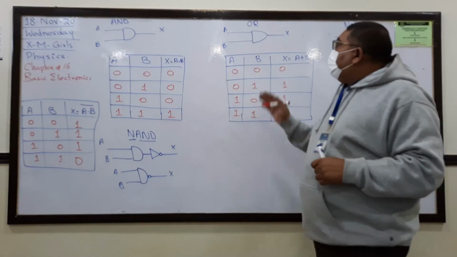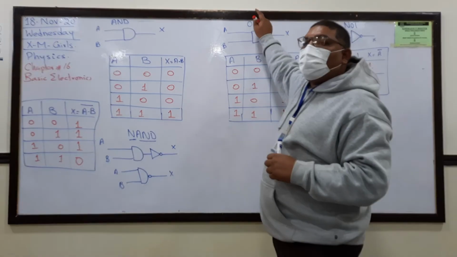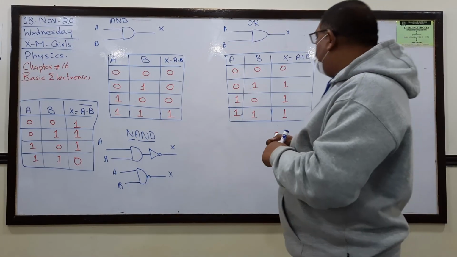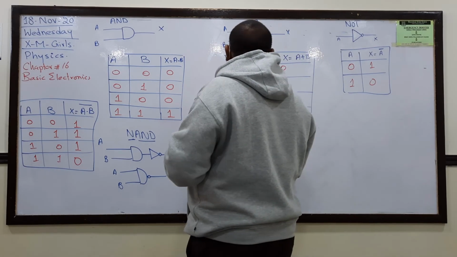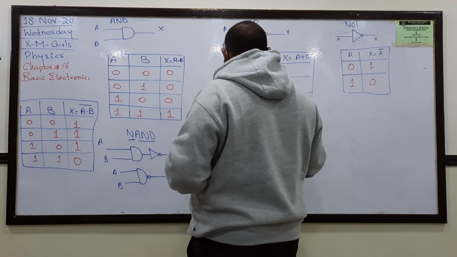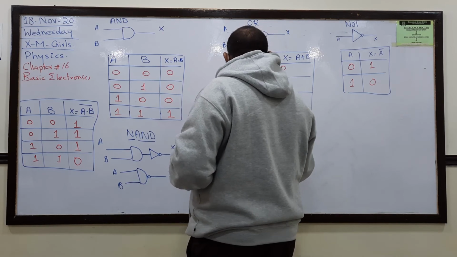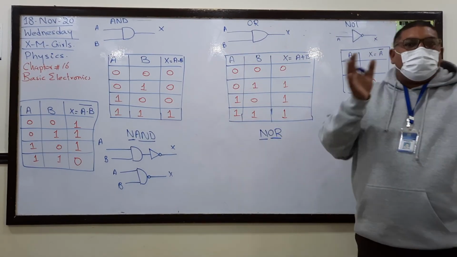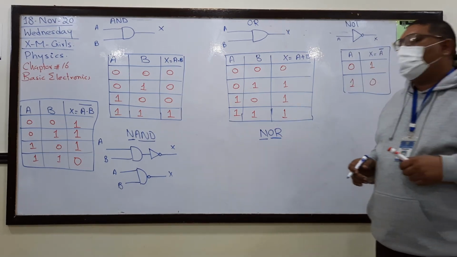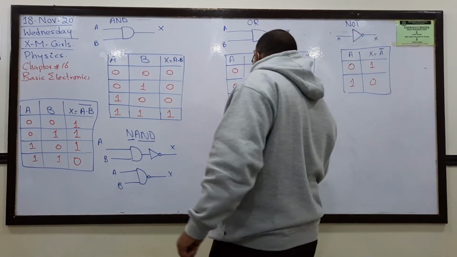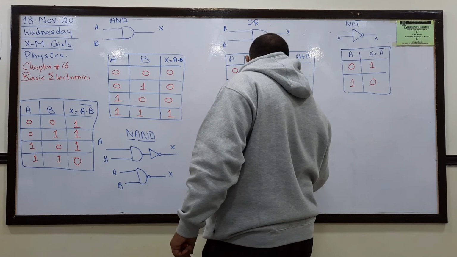Okay. Another gate: if you combine an OR gate and a NOT gate, that is called a NOR gate. N-O-R, NOR gate. It means an OR gate and then in front of that you put a NOT gate. So its symbol can be written like this. It's like a spearhead.